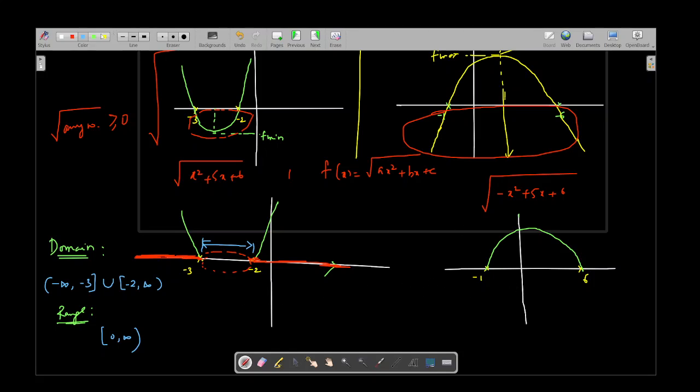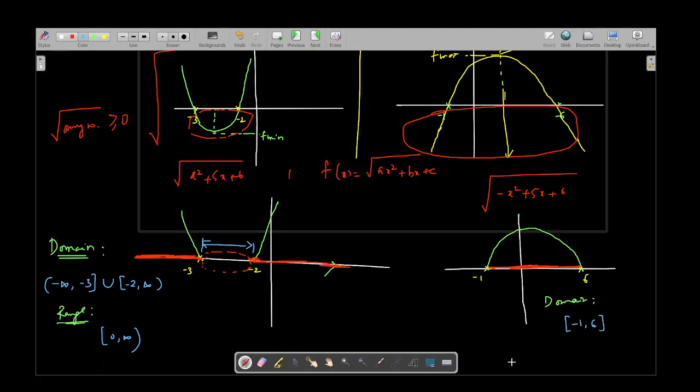When you come to the down looking function, you can see the curve only exists between -1 and 6. It does not exist anywhere except -1 to 6. So the domain for a down looking square root quadratic polynomial is from -1 to 6.